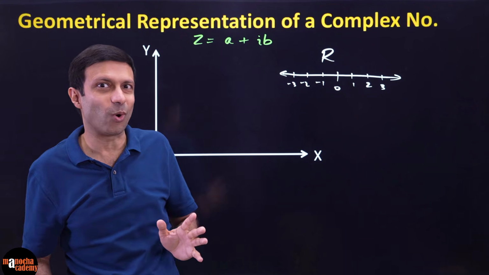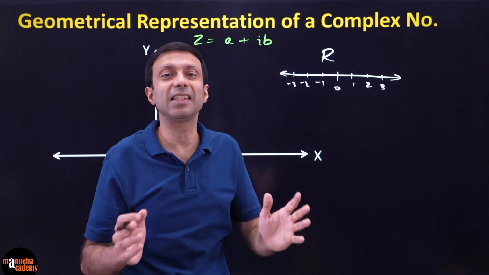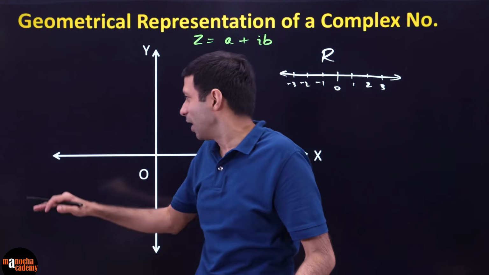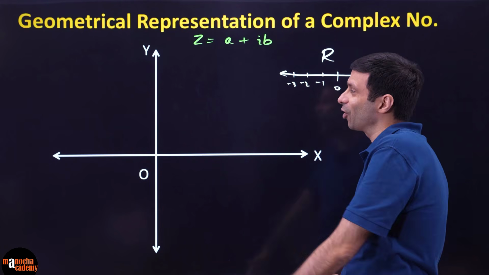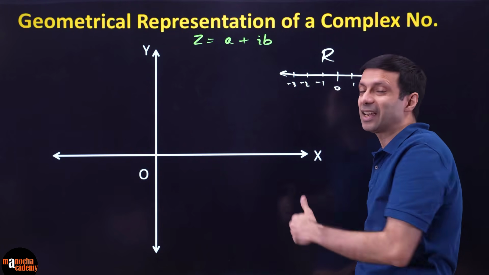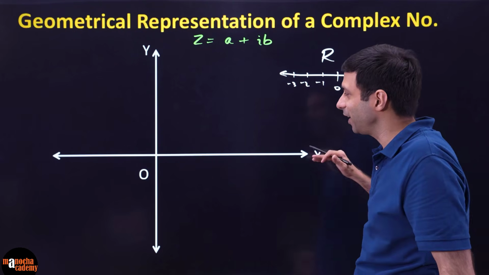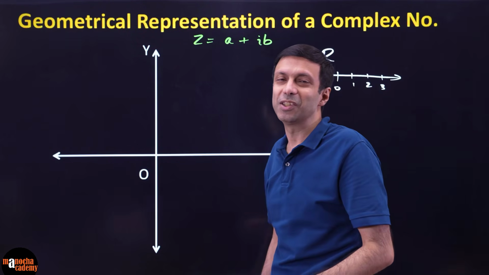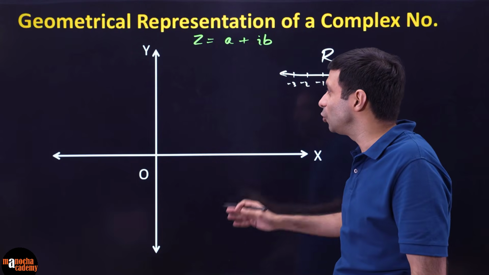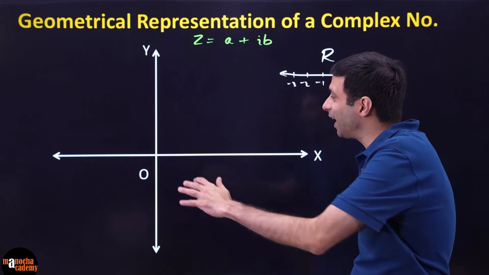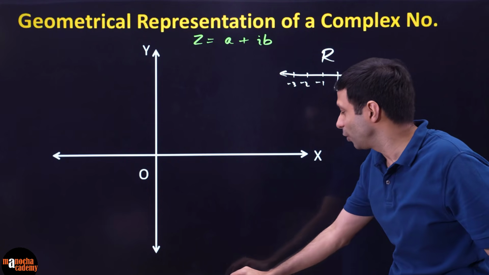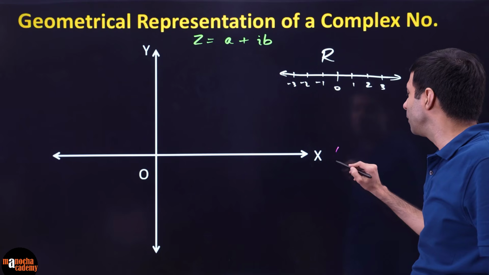Just like in coordinate geometry, you have an x and y axis to represent two different things, right? You have a horizontal x-axis and a vertical y-axis, and these are sort of independent of each other. Similarly, in complex numbers, we are going to use these two axes. This x-axis you can think of as your number line, which is going to represent your real part.